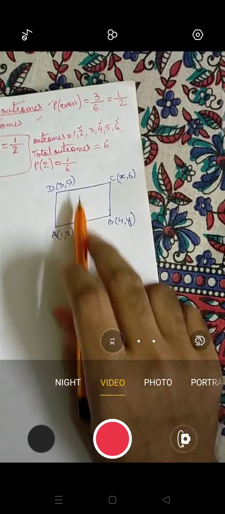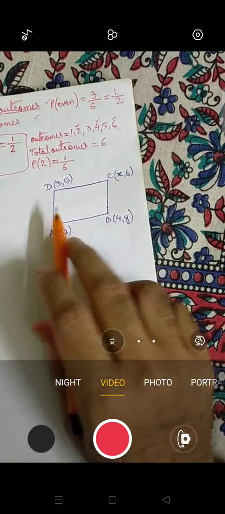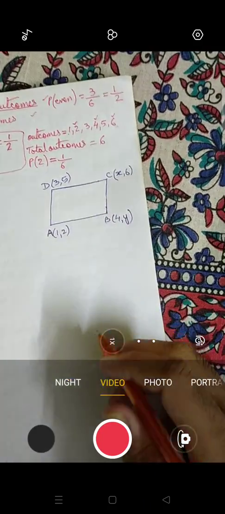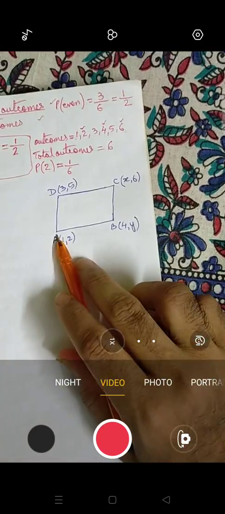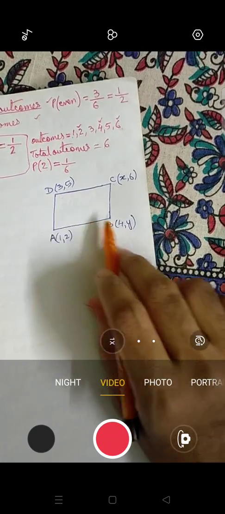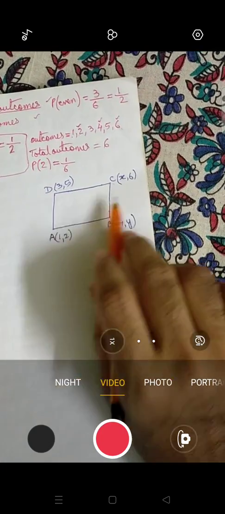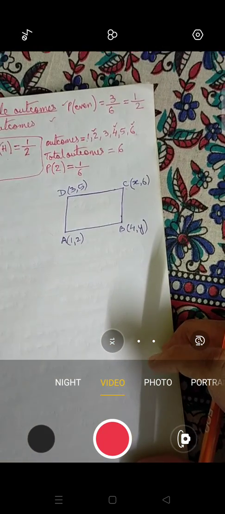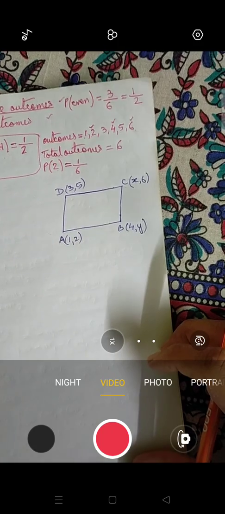This equals this, or this equals this. So students compare. They will take the distance formula, AD equals BC. They will apply it and finally they will see that they are not able to find the answer. Are you getting my point or not?